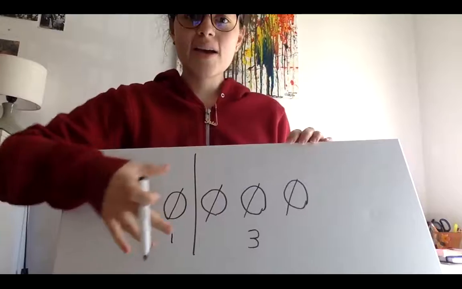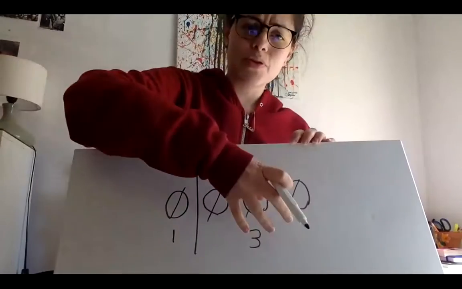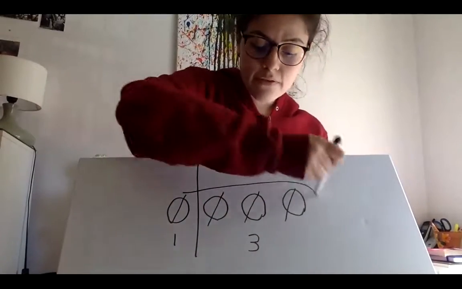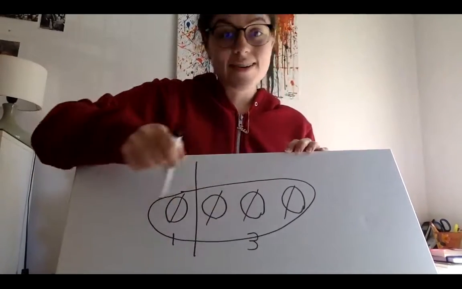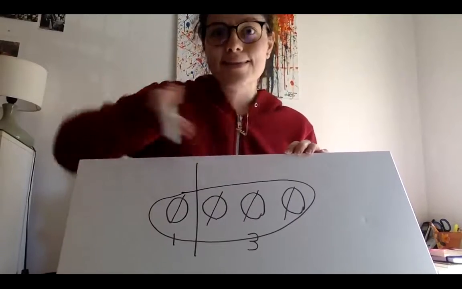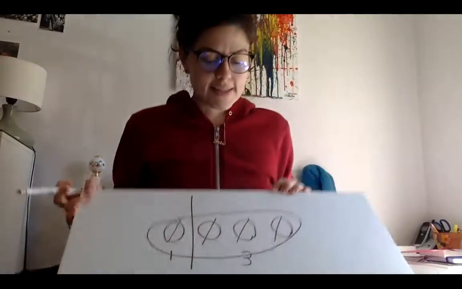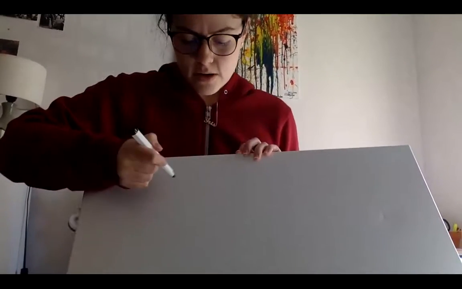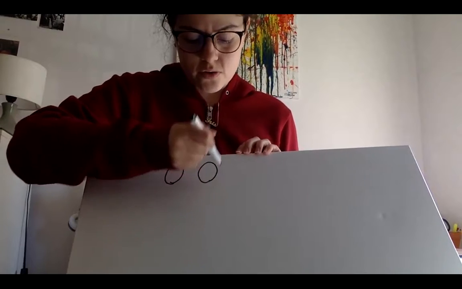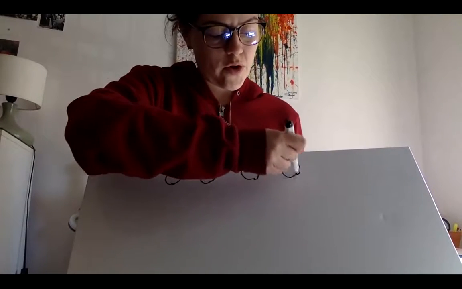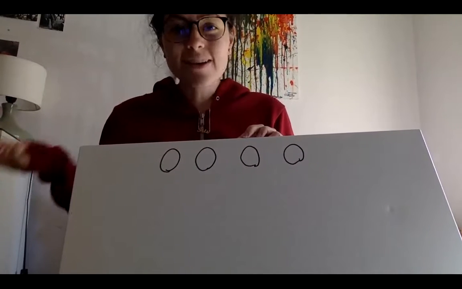That means that if I take 1 and put it with 3, it makes 4. The 4 doesn't change, it's just been sliced up differently. Let's see if we can break 4 up into different parts. 1, 2, 3, 4. And now I'm going to chop it somewhere different.